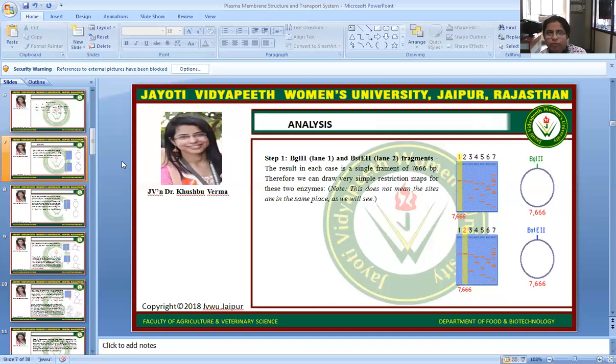Therefore, we can draw a very simple restriction map for these two enzymes, because in both enzyme treatments we got a single DNA fragment of 7,666 base pairs. That's why we can easily map these two restriction enzymes, single enzyme for lane 1 and lane 2.